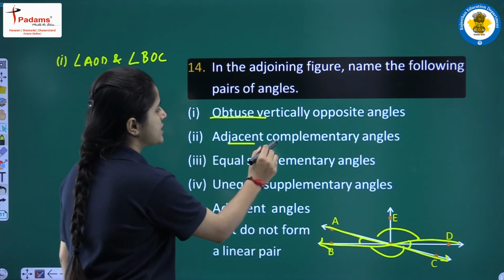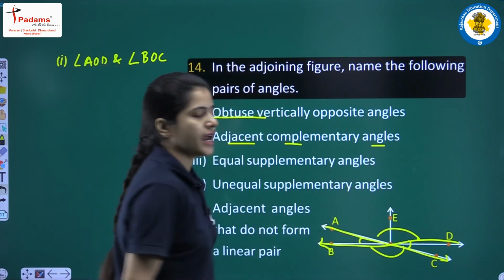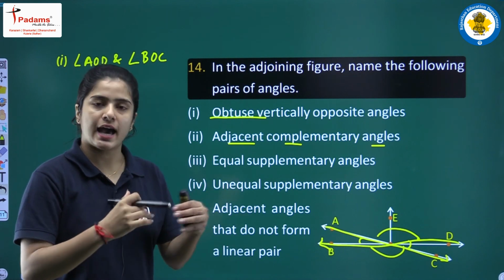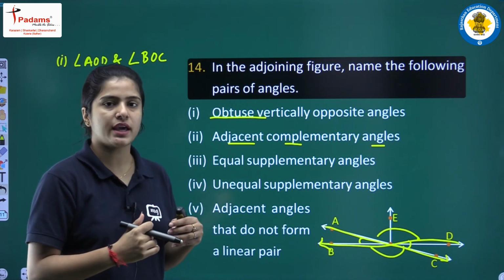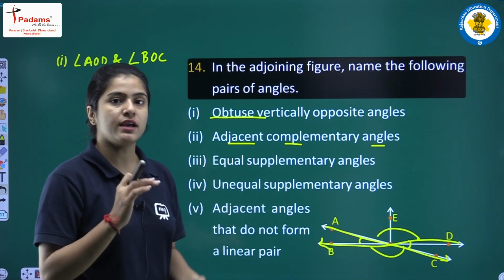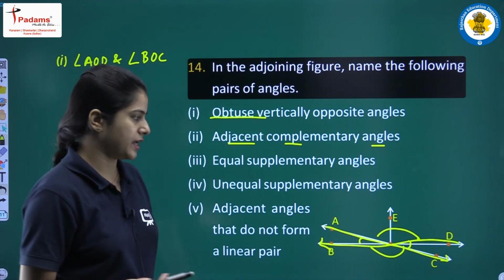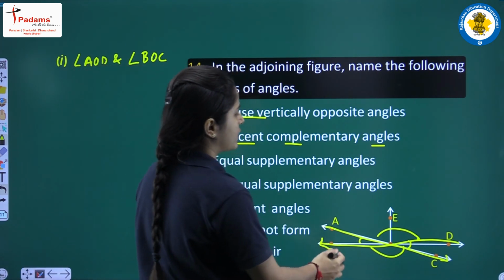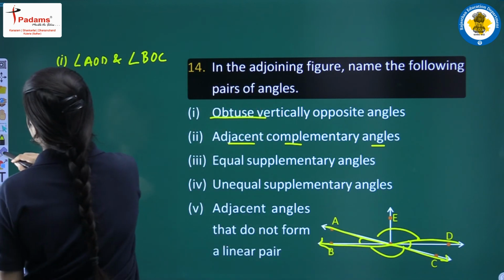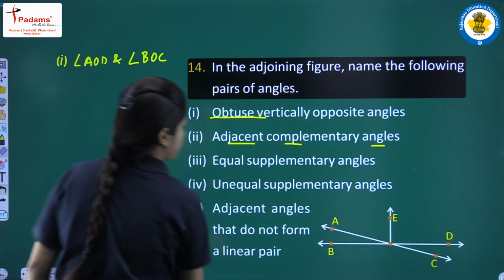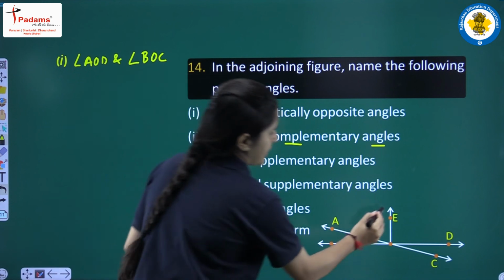Now adjacent complementary angles. We have to find adjacent angles, the neighbor angles, whose sum is equal to 90 degrees. Have a look at these two angles.